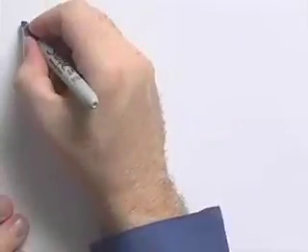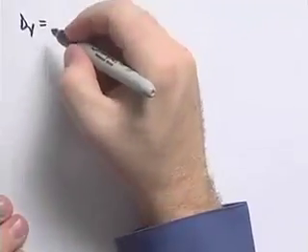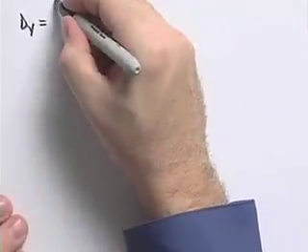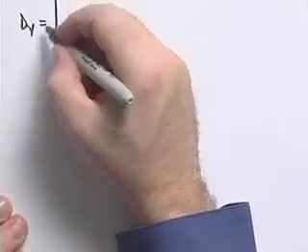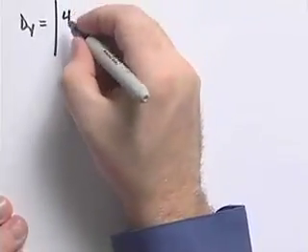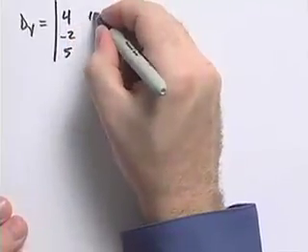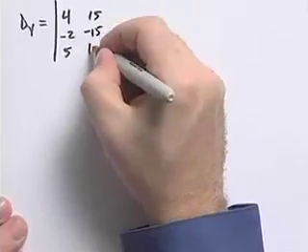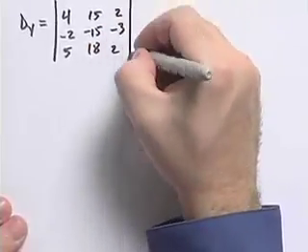Next we need to find Dy. To find Dy, we're going to proceed basically like we did for Dx, except we're going to replace the coefficients for y with the coefficients of the right-hand side. So to get Dy, we'll have the determinant of 4, negative 2, 5, 15, negative 15, 18, 2, negative 3, 2.